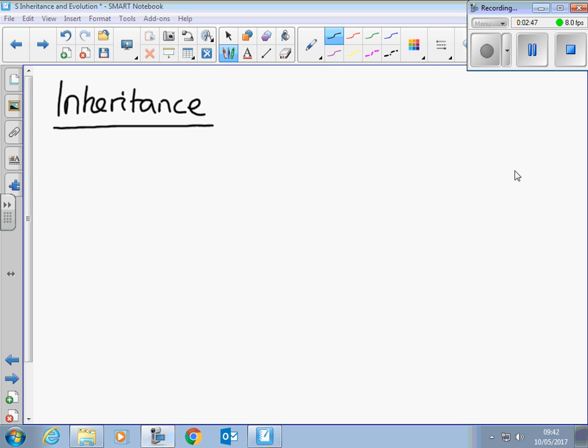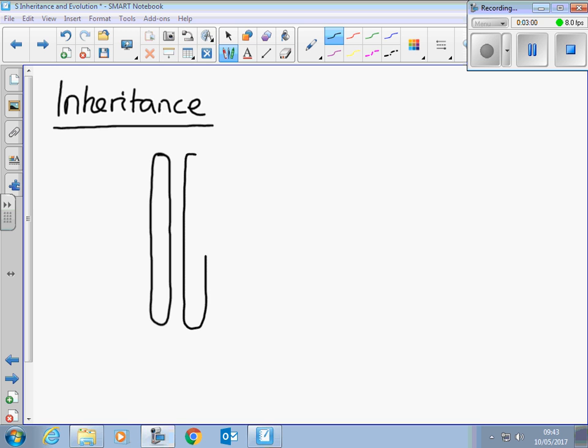Okay. If we start with some of the terminology, if we have a pair of chromosomes, this is what we just described as a homologous pair of chromosomes.